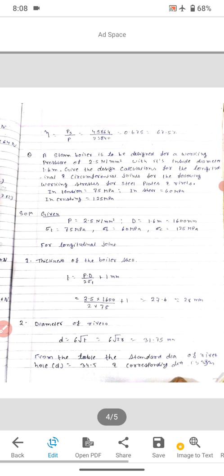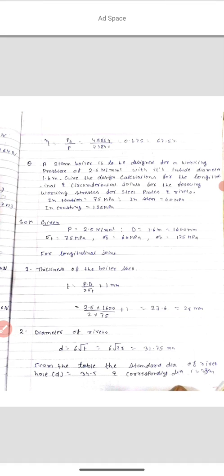So given is P is equal to 2.5 Newton per millimeter square, D is equal to 1.6 meter, that is 1600 millimeter. So you have to convert it into a suitable unit in the given portion only. If you convert in the given portion, you can directly use it, and then there is no chance for mistakes in between the numerical.